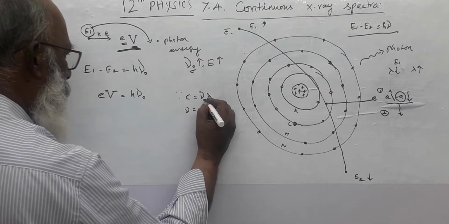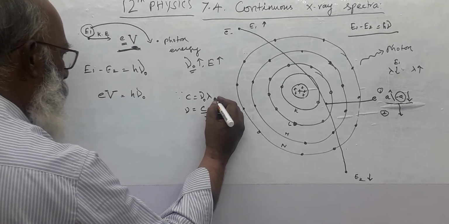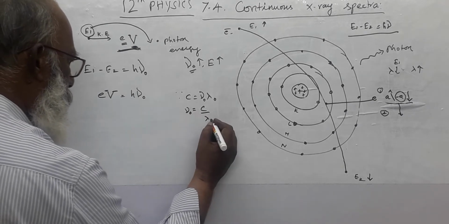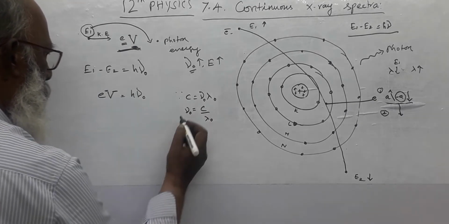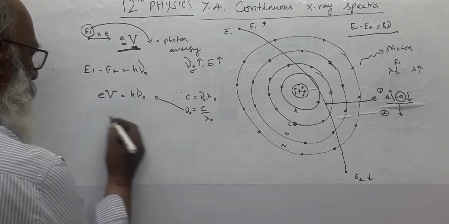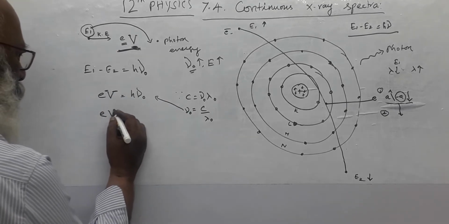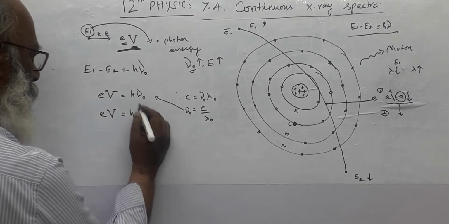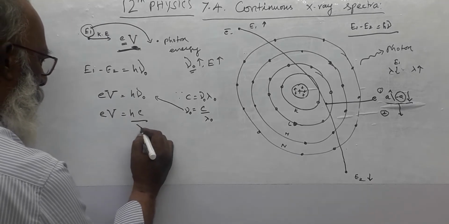So when we write nu naught, we put lambda naught, then nu naught becomes c by lambda naught. Substituting the value in the equation, we get eV equals h times c by lambda naught.